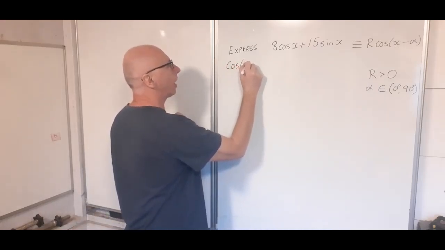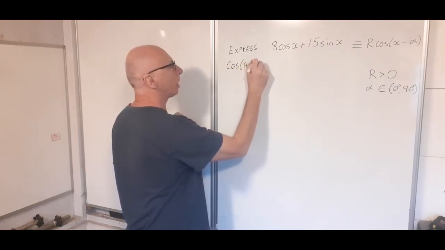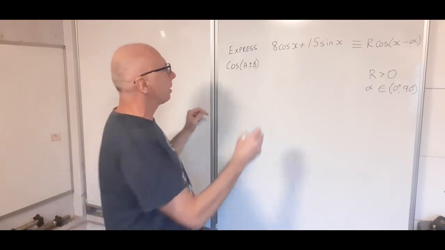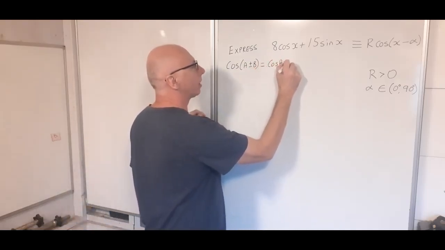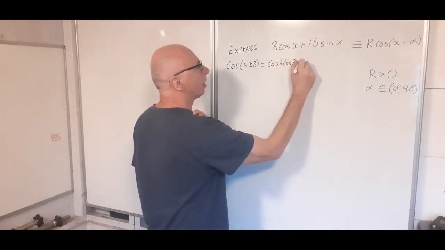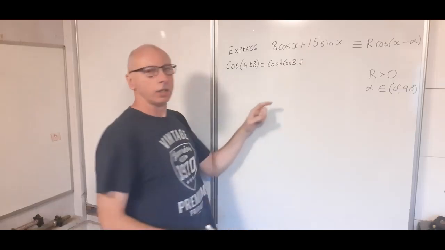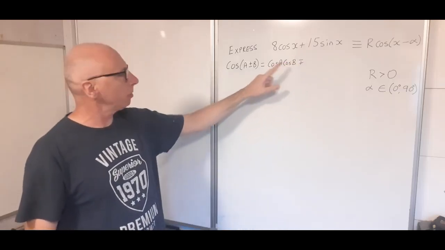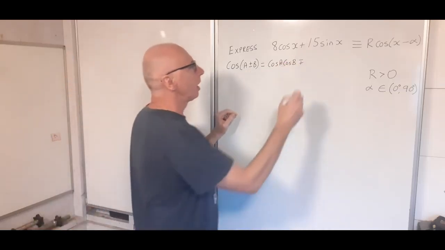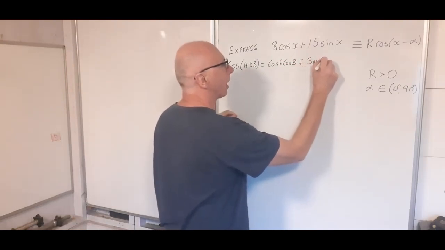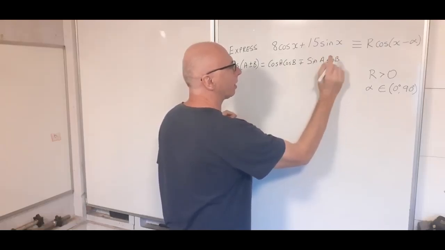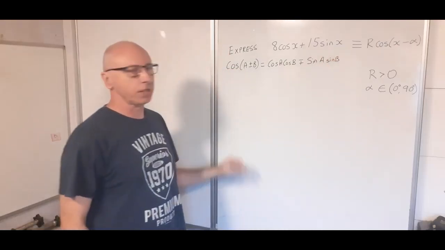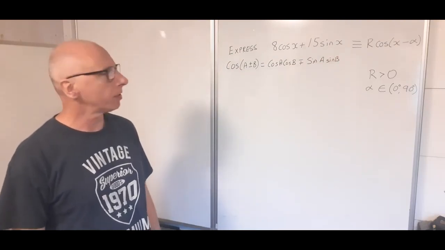Cosine of A plus or minus B, we can write that in the form of cosine A cosine B minus or plus. Notice the signs here are flipped depending on what your input is. And then we've got sine A sine of B. Okay, so that's our starting point with our sum and difference formulas.